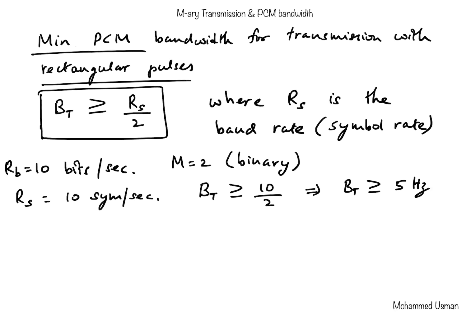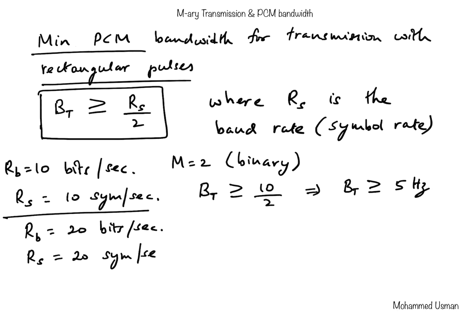Now, if you want to increase the bit rate to 20 bits per second, for example, so suppose we want RB equals 20 bits per second. That means with binary transmission, we have to increase Rs to also 20 symbols per second. We are still talking about the binary case, because one bit is representing one pulse.